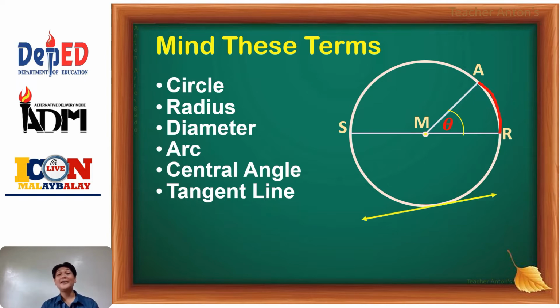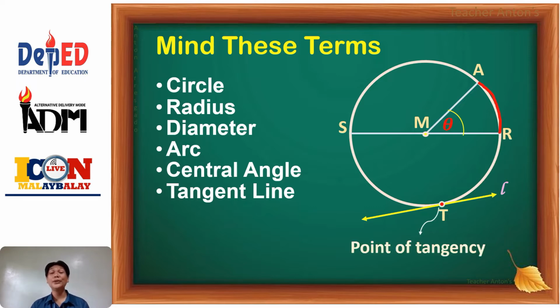A tangent line, say this line L, is tangent to the circle M if and only if it passes through exactly one point of the circle M. Say the point is T. Take note that when there is a tangent line and we identify the point of tangency and draw a radius from the point of tangency, then that radius is perpendicular to the tangent line L, meaning it forms a 90-degree angle.